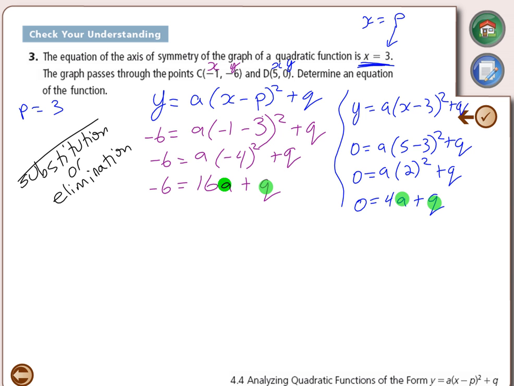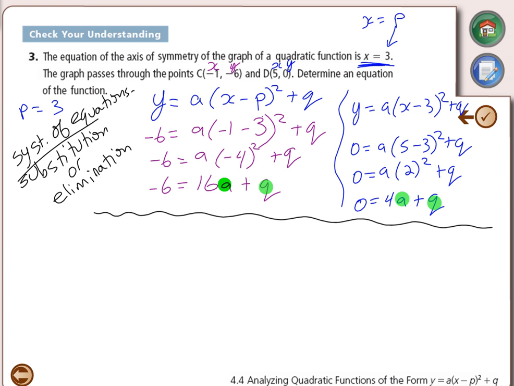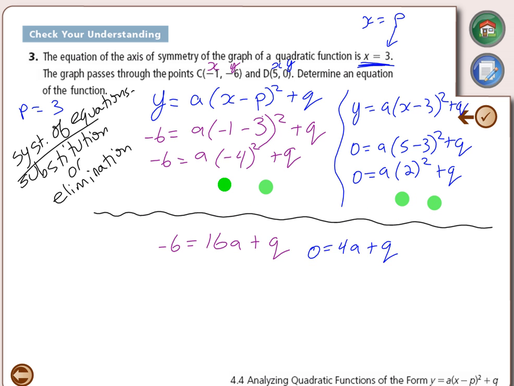That was our system of equations again. Because they both have a Q that's the same, I'm going to use elimination.